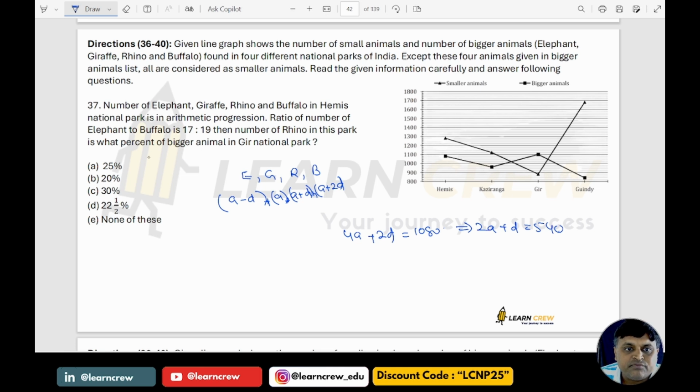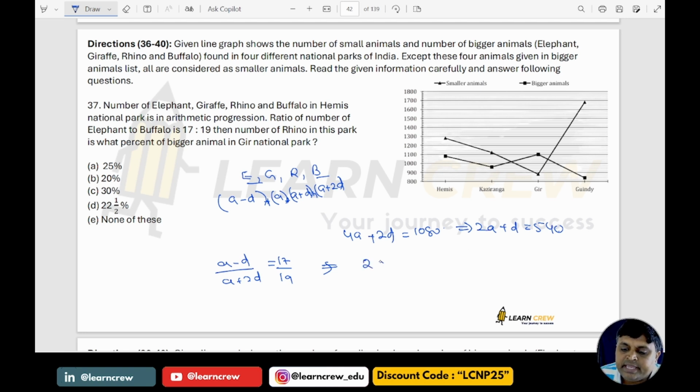And the ratio of the number of elephants to buffalo is already given: A minus D by A plus 2D. This ratio is 17:19. If you simplify this, how much are you going to get? 19A minus 17A, 2A.